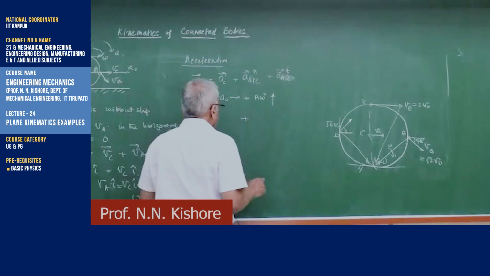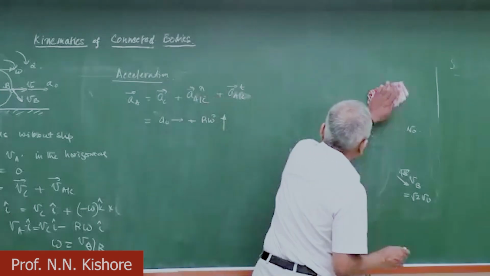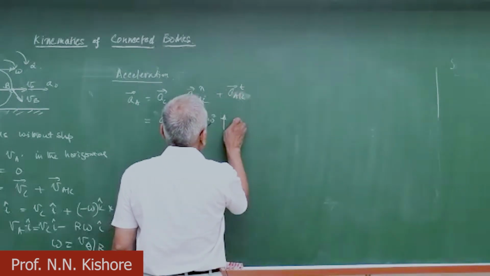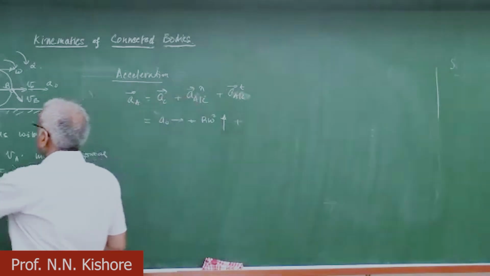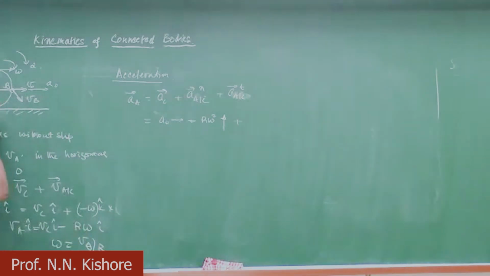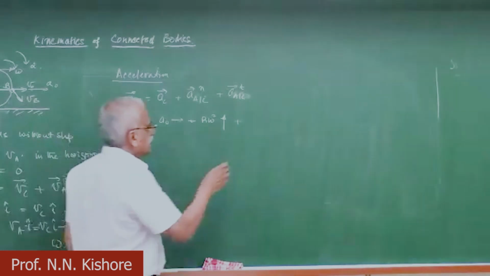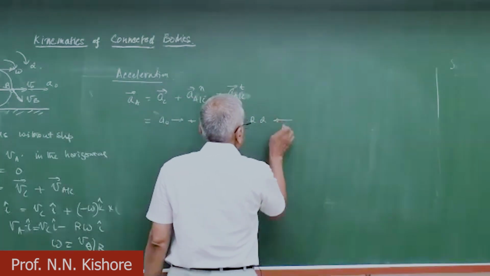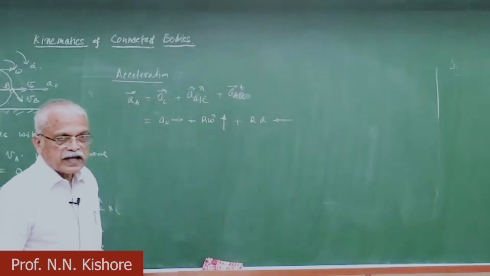And then what about the tangential component of A with C? A is rotating about C, and alpha is the angular acceleration, so that means that it is going this way. It is R alpha, and it is in the horizontal direction.